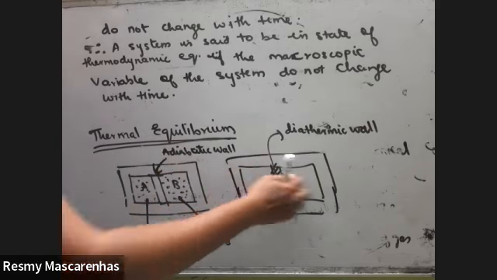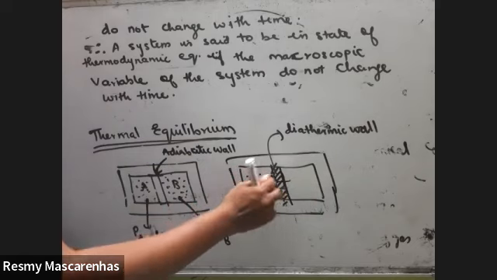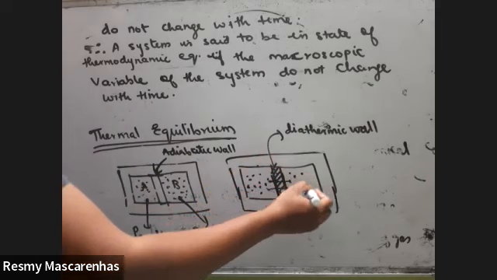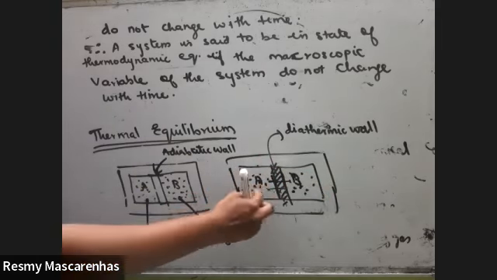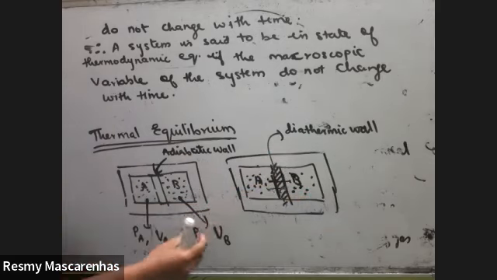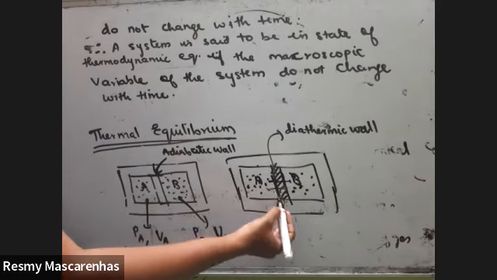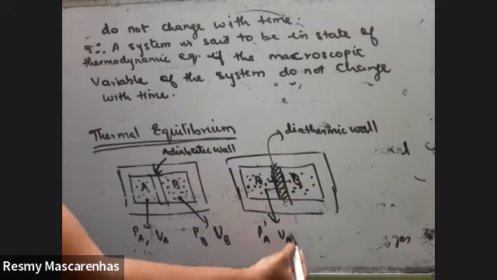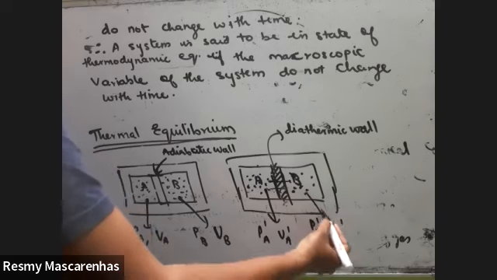And then slowly, with time, they will come back to equilibrium. They will settle at a common point between both of them. Obviously their pressure also will change, because it will try to find a balance between both the pressures, and volume also. So this will have a different value, PA dash, and this will be PB dash.